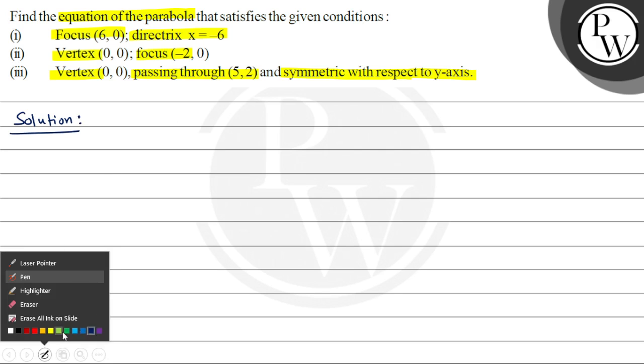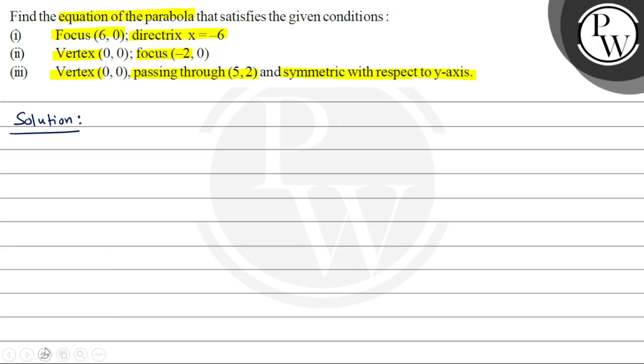the key concept we will use is that there are four possible types of standard parabola that we discuss.